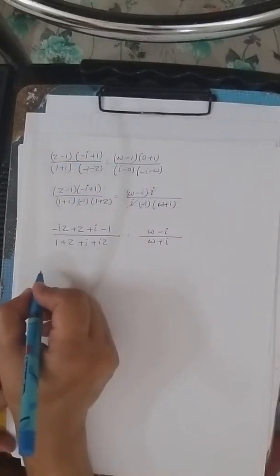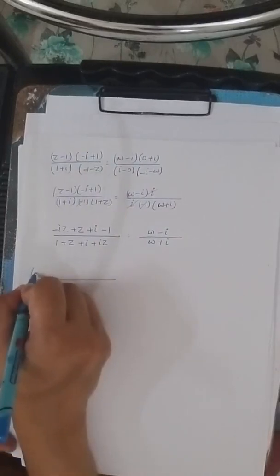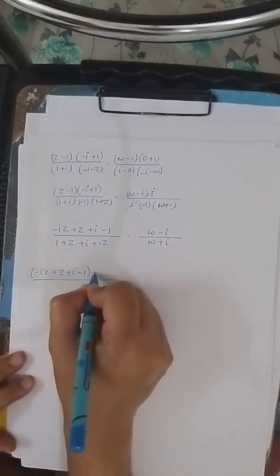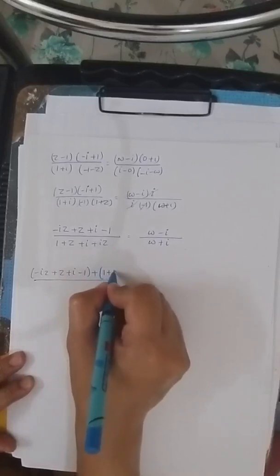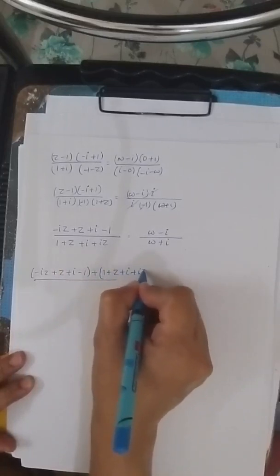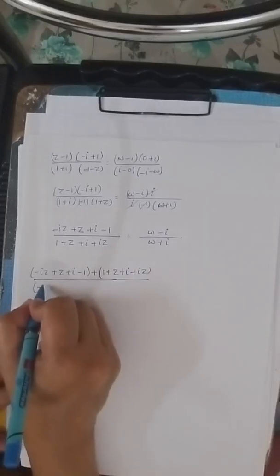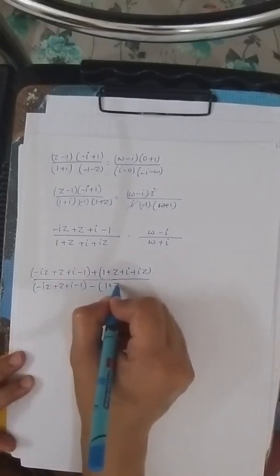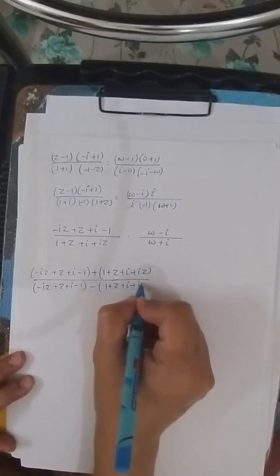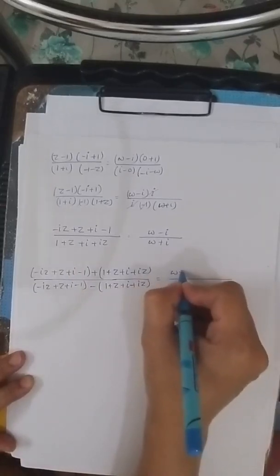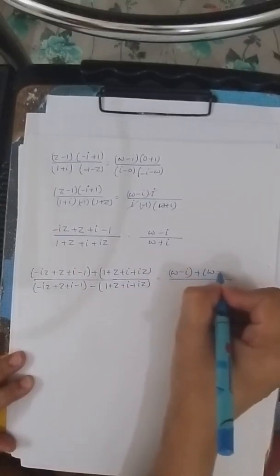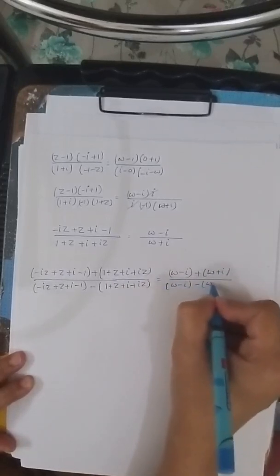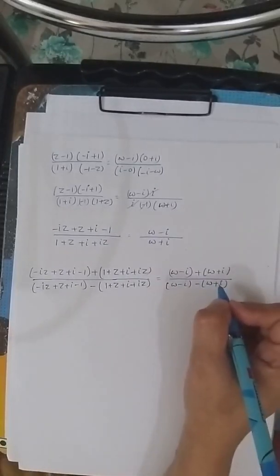Now applying componendo and dividendo, you will get minus iota z plus z plus iota minus 1 plus denominator 1 plus z plus iota z over minus iota z plus z plus iota minus 1, negative sign, 1 plus z plus iota z, equal to w minus iota plus w plus iota divided by w minus iota minus w plus iota.